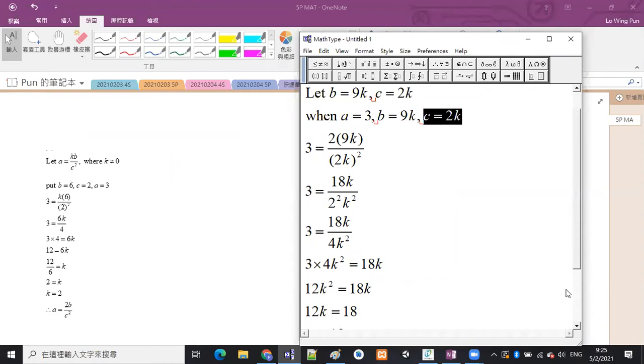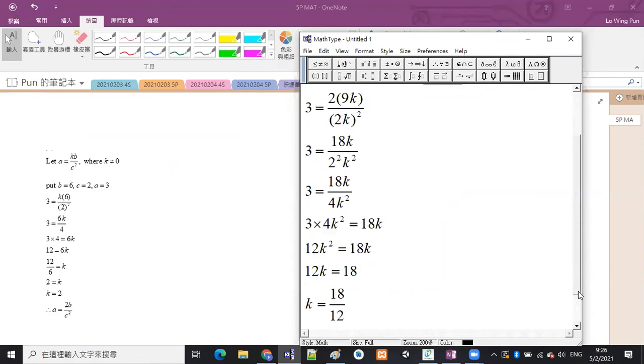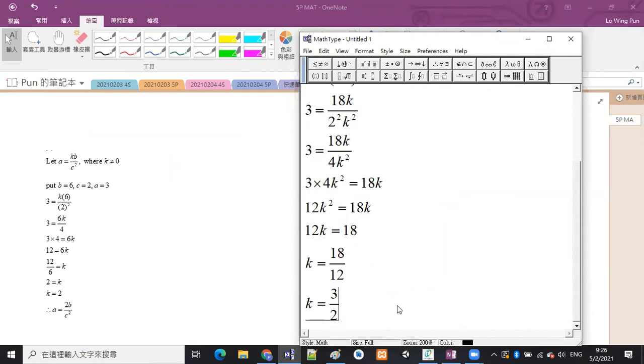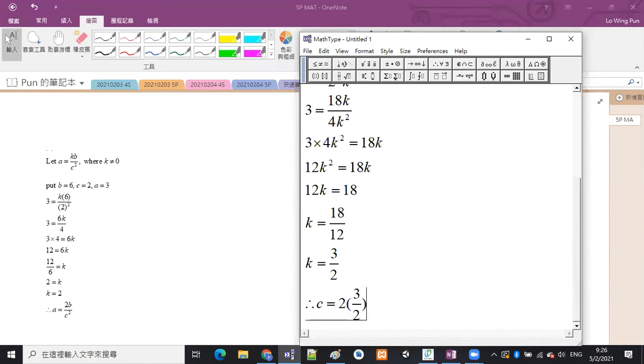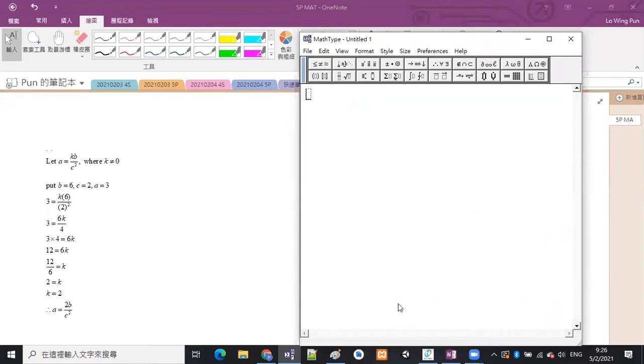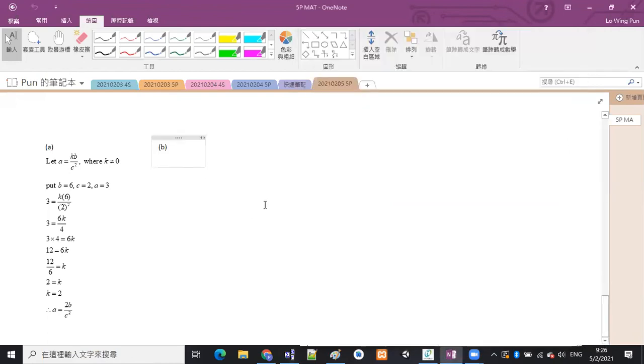Now, when we have found the value of K, then we can calculate the value of C. Therefore, C is equal to 2 times K. That is 2 times 3 over 2. And then you just use the calculator to find that it is equal to 3. Is that okay? And that is the answer of part B.